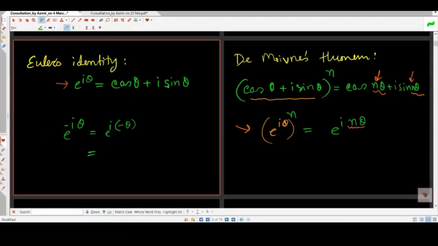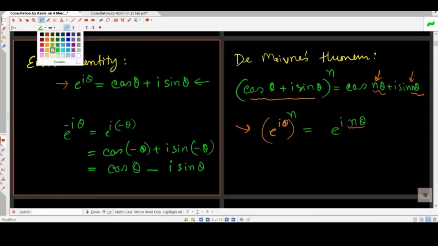Now we can apply the same technique: e to the power i theta is cosine theta plus i sine theta. Now you know that cosine of negative theta is cosine theta, but sine of negative theta is negative sine theta, and we also have i. So we have generated another form.